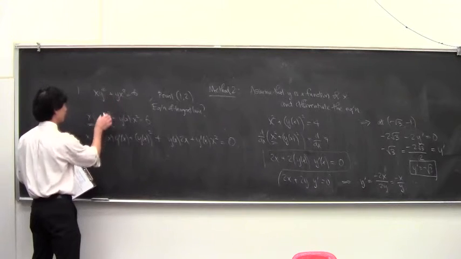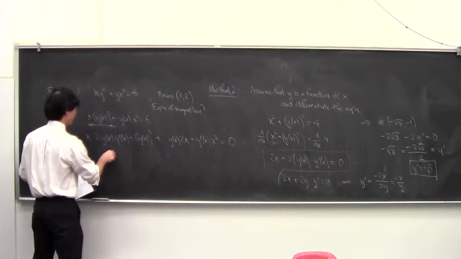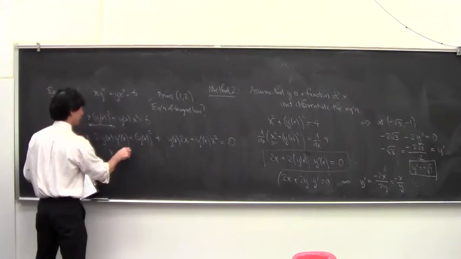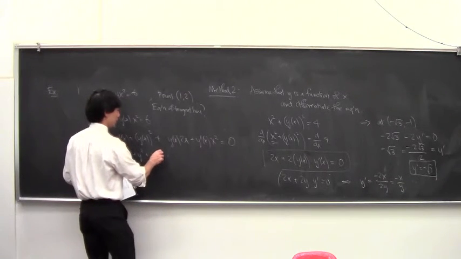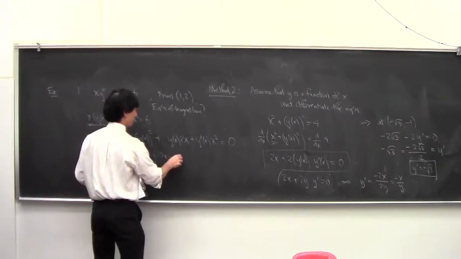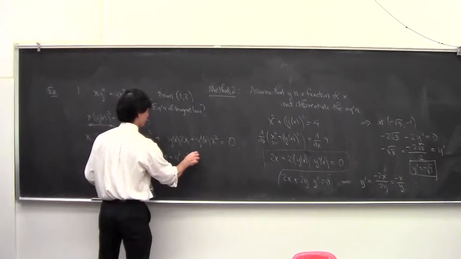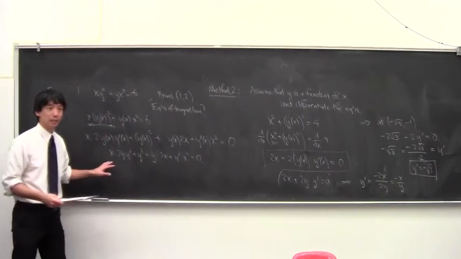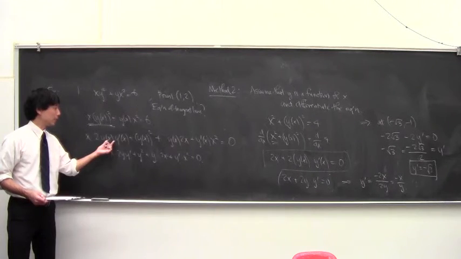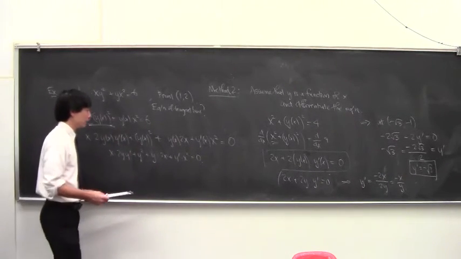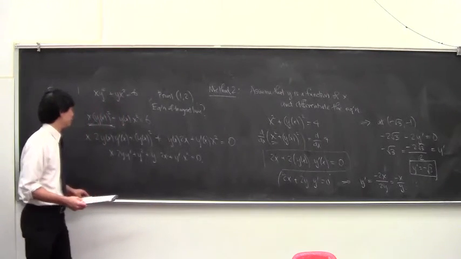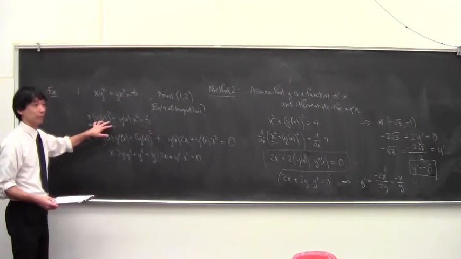They'll just write it like this: x times 2y y prime plus y squared plus y times 2x plus y prime times x squared. Maybe that's cleaner. They leave the function indication out to make it simpler. And you use the chain rule here.